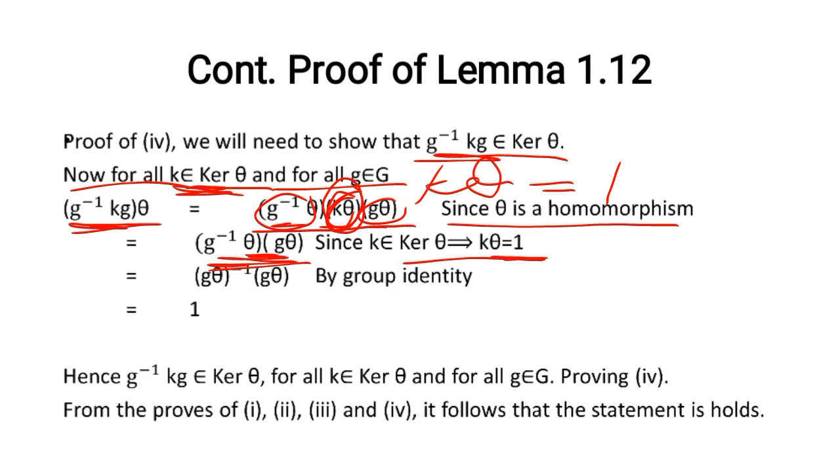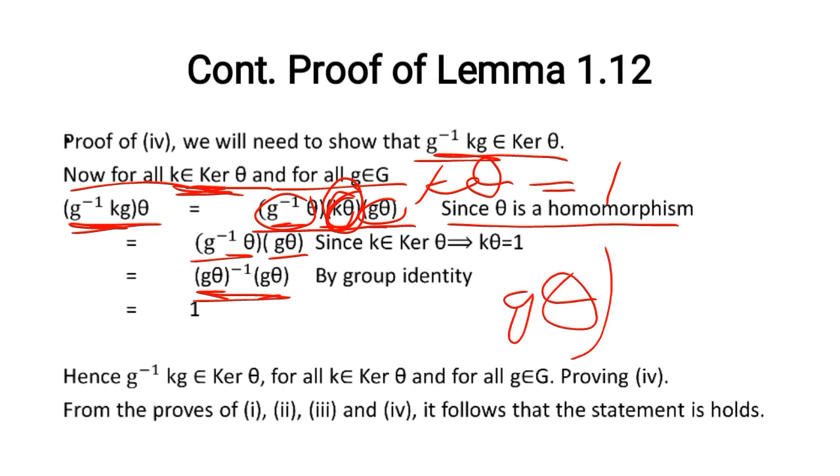Now, I couldn't have said g inverse theta is equal to 1. Neither can I say g theta is equal to 1 because g is not in the kernel of theta, but it is in G. But then, you know what g inverse theta is? It is g theta all inverse from that identity we had proven. And so g theta comes down as g theta. So what is this? G theta all inverse times g theta. That's just 1, right? So that's how we're able to get the value 1 there.